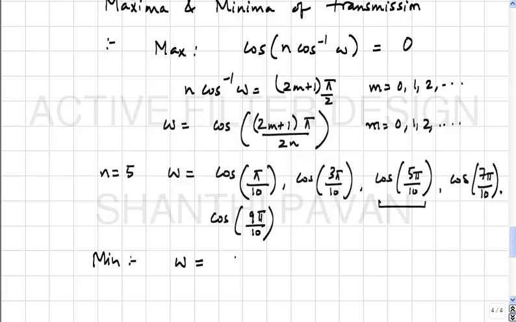Omega is given by cosine of m pi by n, and so m becomes 0, 1.